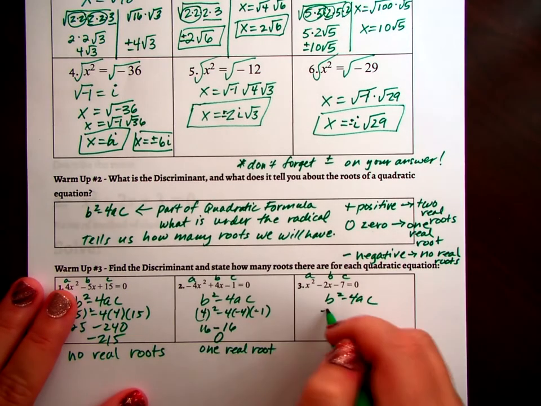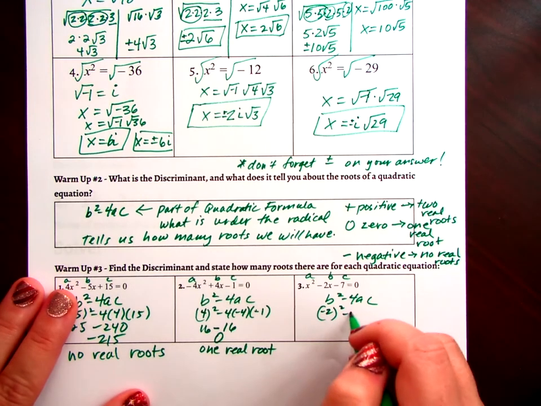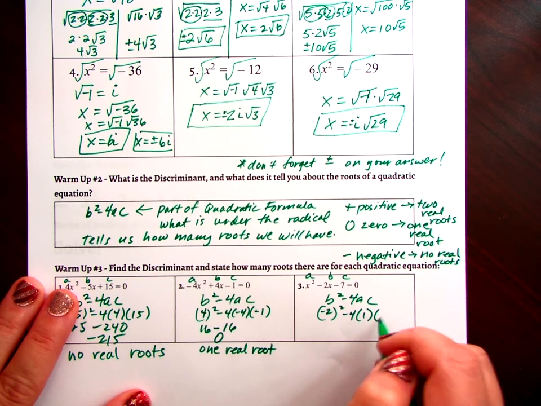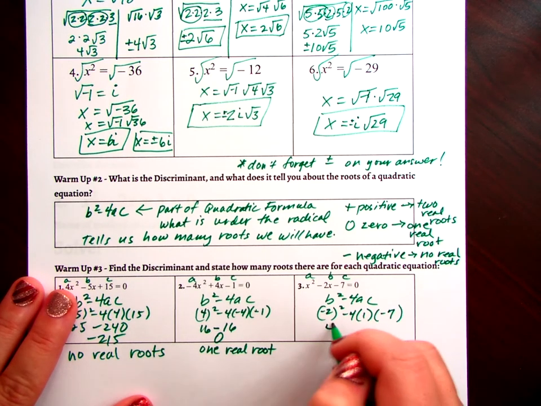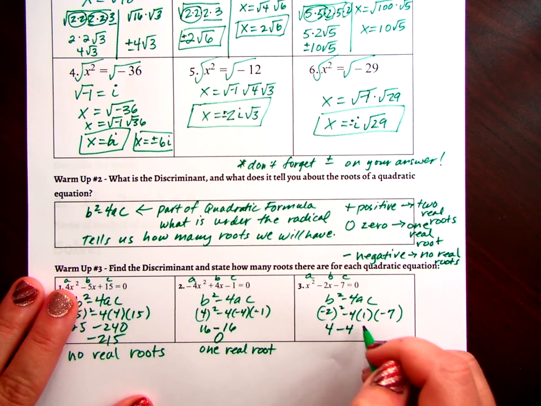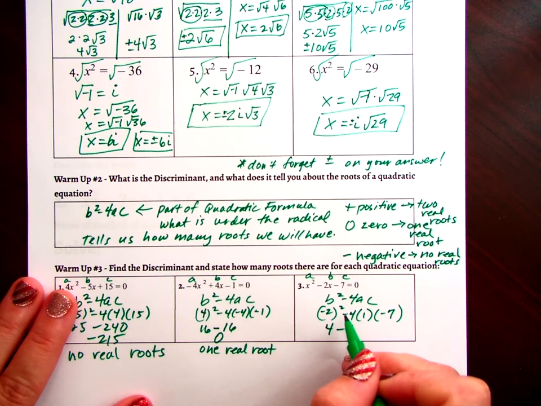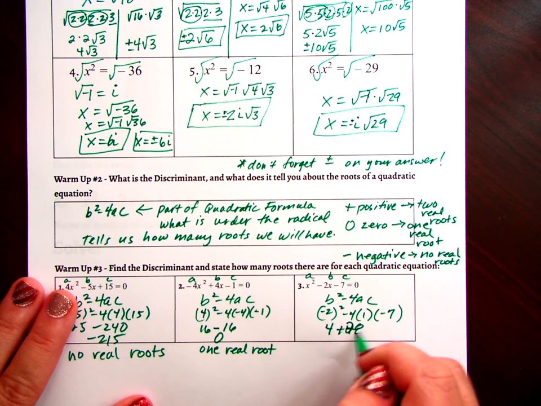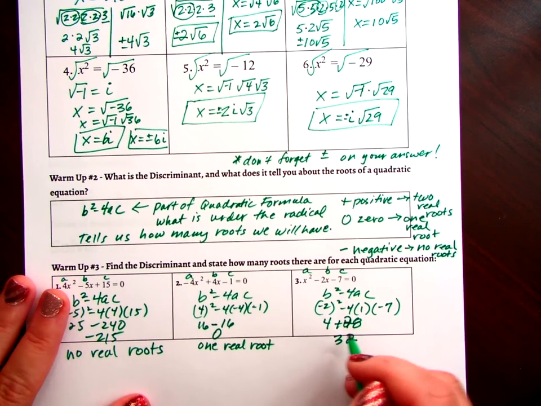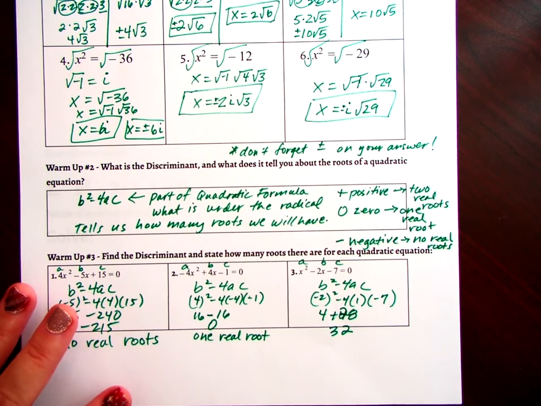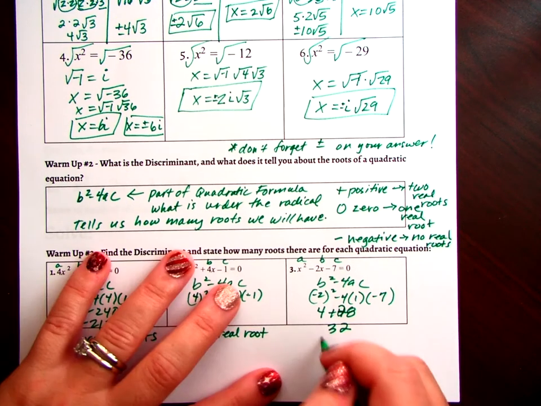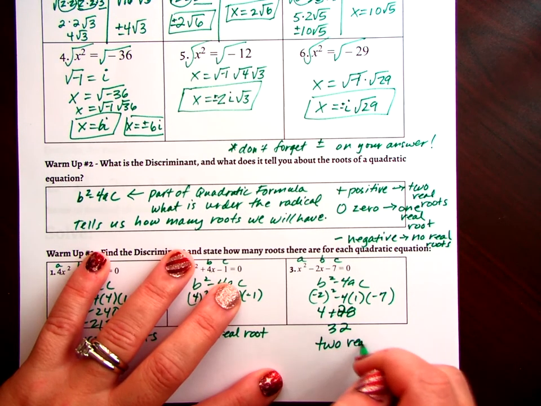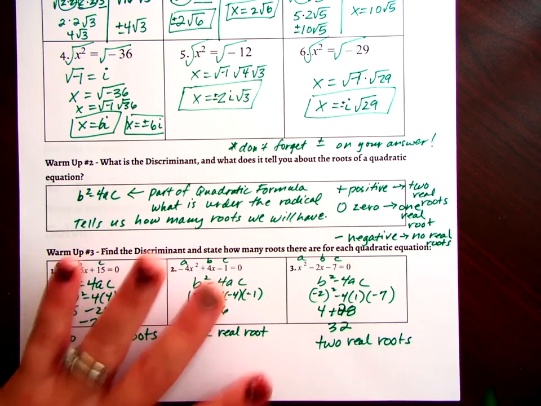And finally, we have negative 2 squared minus 4 times invisible 1 times negative 7. Oops. This is going to turn into negative 4 times negative 7 is positive 28. 4 plus 28 is 32. Since I got a positive discriminant, this means 2 real roots.